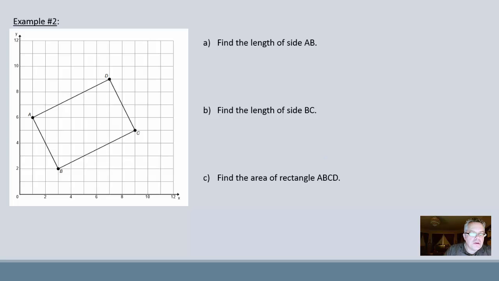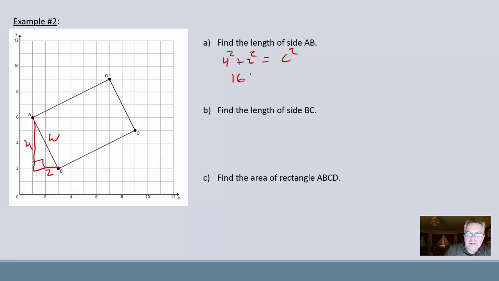Okay, so here, let's try this one. First find the width. That's side AB. So let's make a right triangle here. We see 4 and 2 are the legs, and we can find the hypotenuse. So 4 squared plus 2 squared equals c squared.